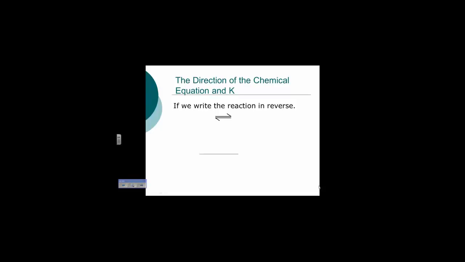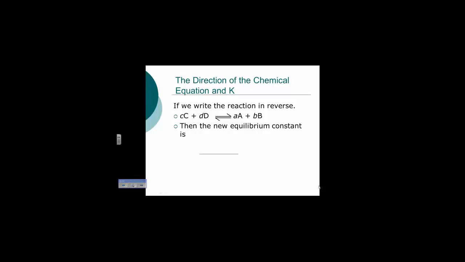If we had an original equation where A plus B goes to C plus D, just some general equation, what would the reverse reaction look like? Flip the direction. Well, we'd have reactants now, C and D, making products of A and B. If we reverse the reaction, it has a new equilibrium constant because the constant is product over reactant, what's on the right side set over what's on the left side.